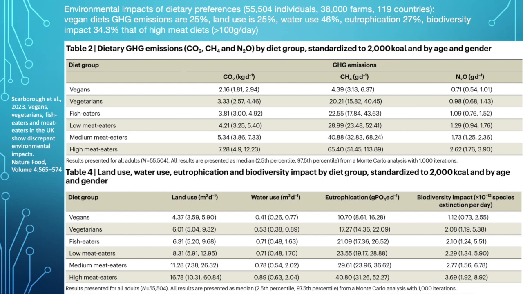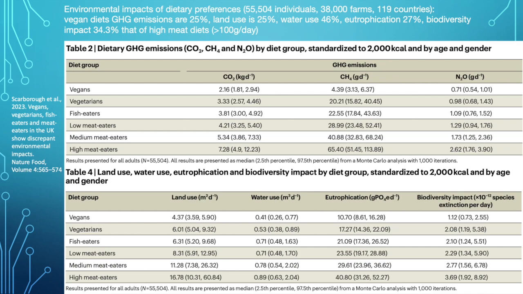In the two tables that you can see here, they looked at the vegan, the vegetarian, the fish-eating preference, and low, medium and high meat eaters. They compare the carbon dioxide emissions from those diets, the methane emissions, and nitrous oxide.